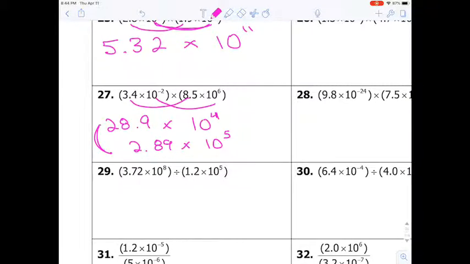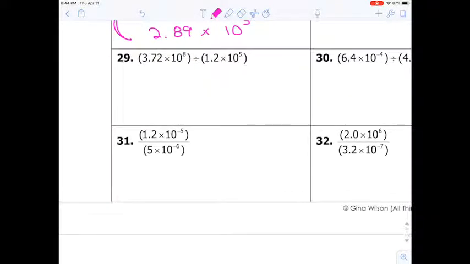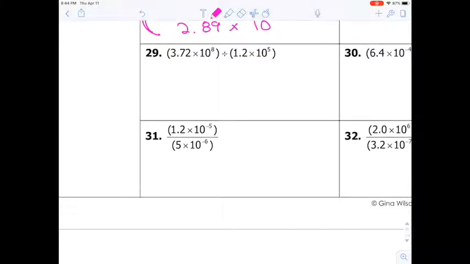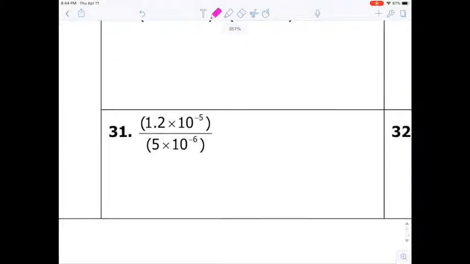Division, so same thing, that number's got to be in between 1 and 10. So let's do 31 because I can tell that one's not going to come out between 1 and 10. So all I have to do is divide those two and divide those two.